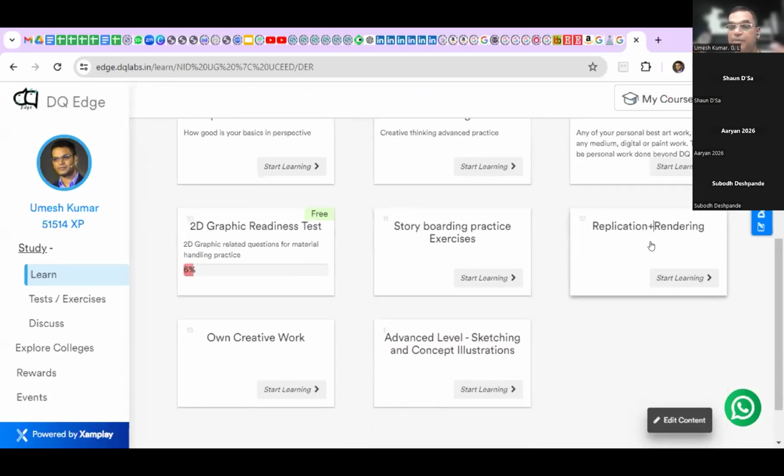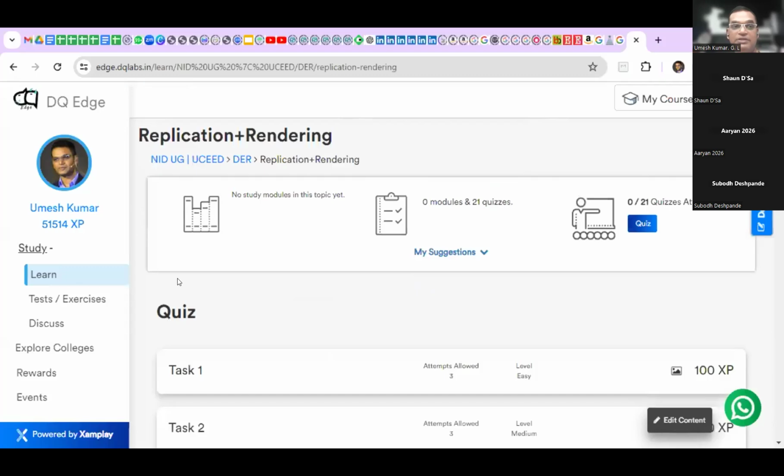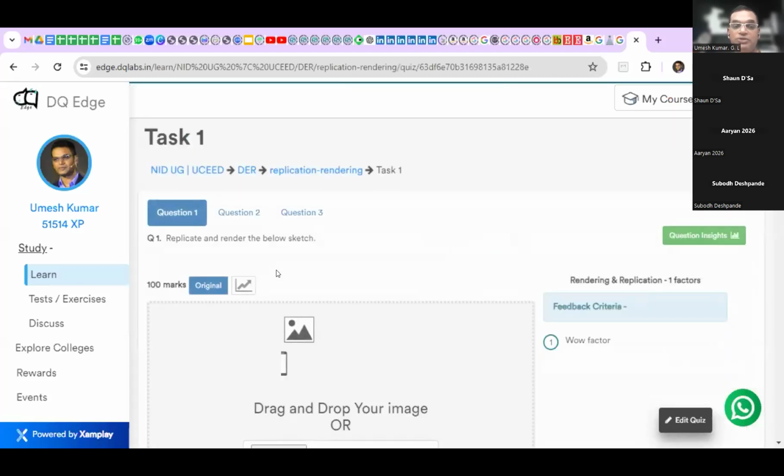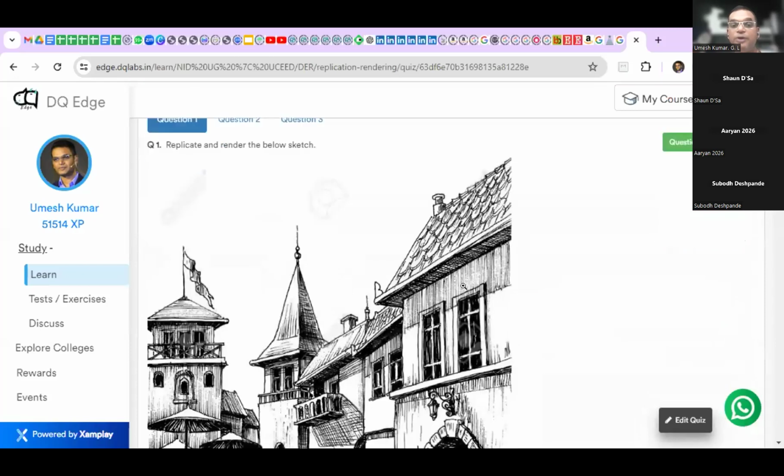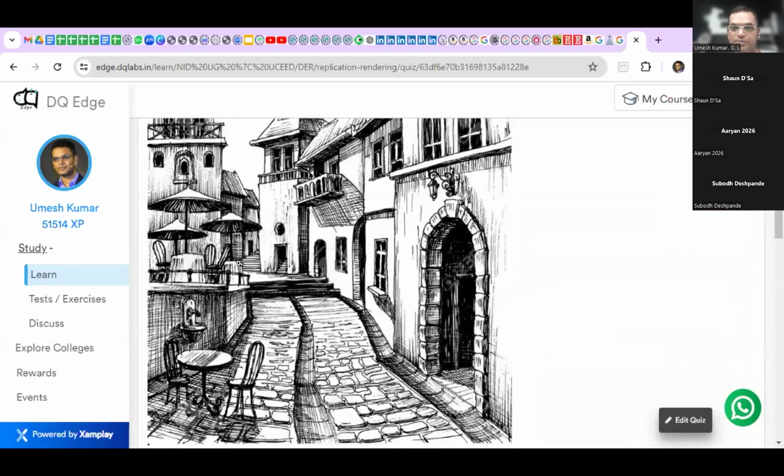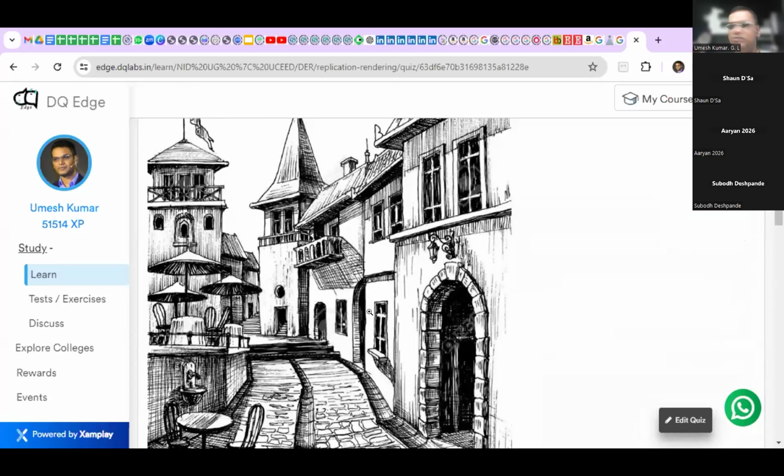Let us say replication and rendering, right? So let me give you some examples. You have many options to choose from. So probably an architecture student can choose a picture like this, or even a design student can also choose a picture, depending on your interest.